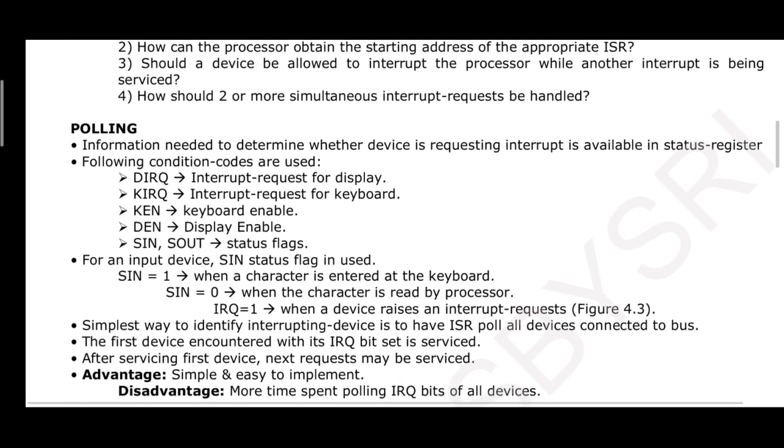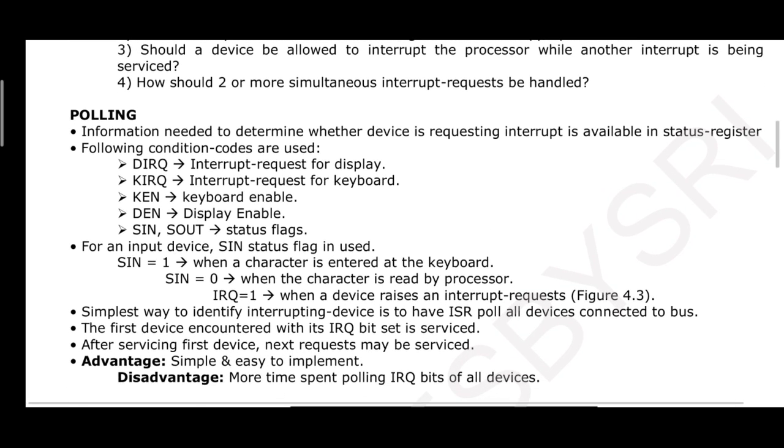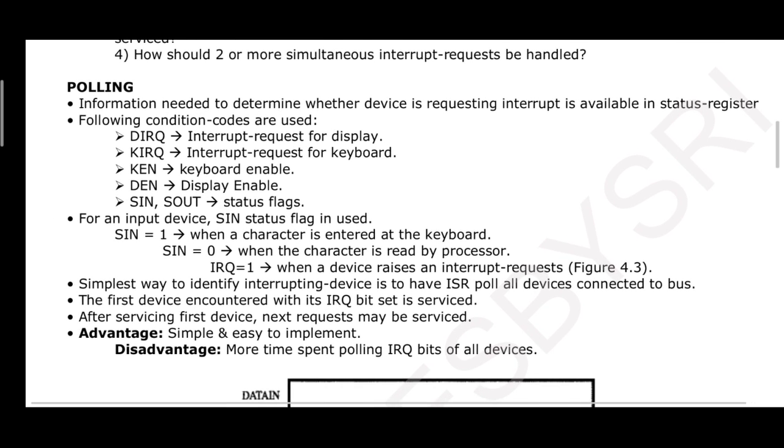Next is about the polling process. So polling, in here information needed to determine whether the device is requesting interrupt is available in status register. Here the device which is requesting for interrupt should register itself with the status register, the corresponding flag bit.